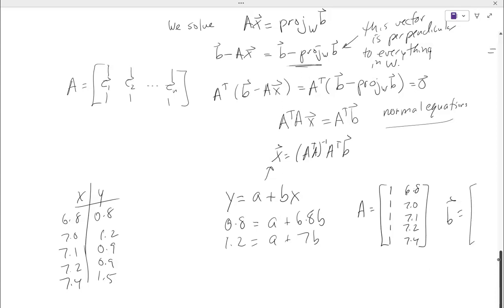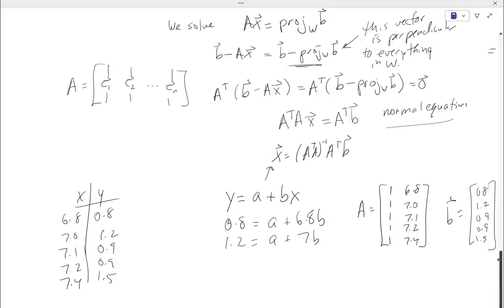So your B would be 0.8, 1.2, 0.9, 0.9, 1.5. Now that we have those values, we can literally plug it into this formula and figure out the solution. Okay?